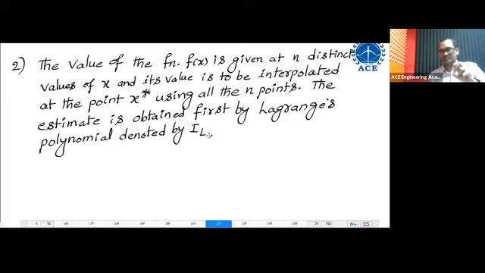Means when you solve this problem using Lagrange's interpolation polynomial, whatever the answer you get, let it be IL.